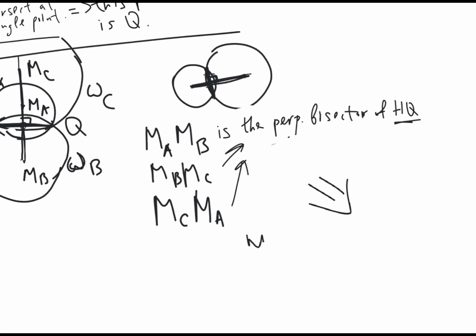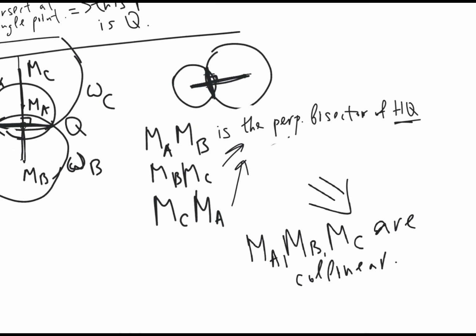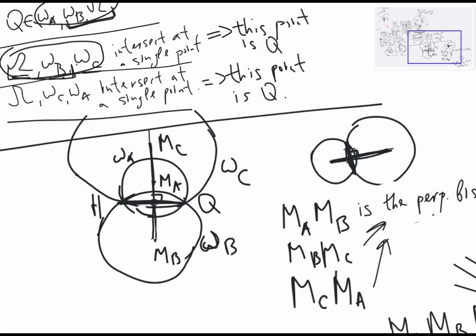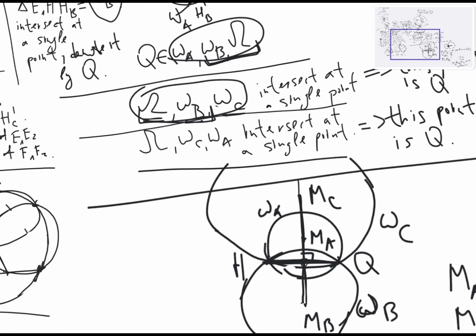So MA, MB, and MC are collinear. So all three centers of these circles, omega A, omega B, and omega C, are collinear. And this is exactly what we needed to prove.